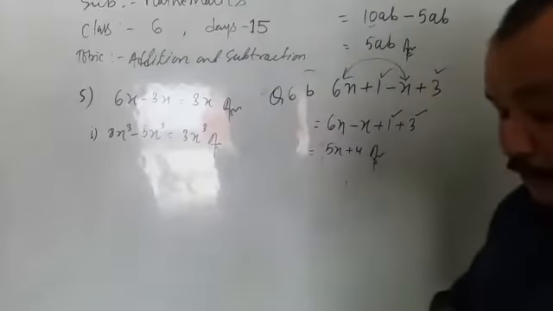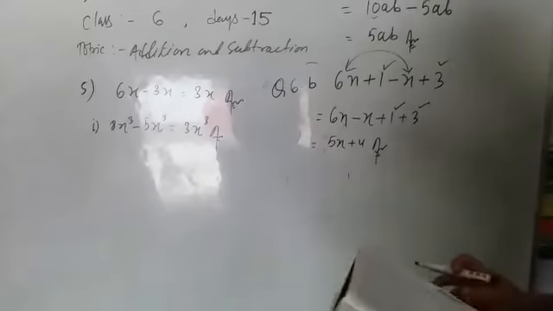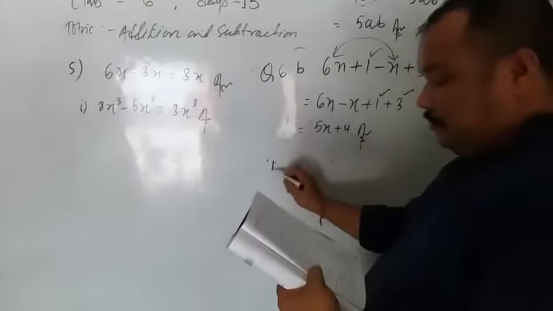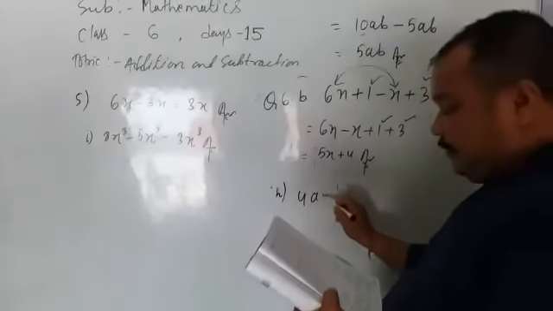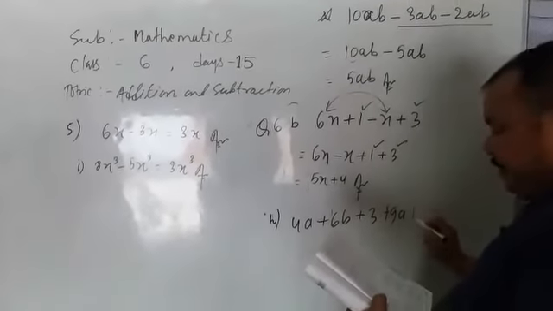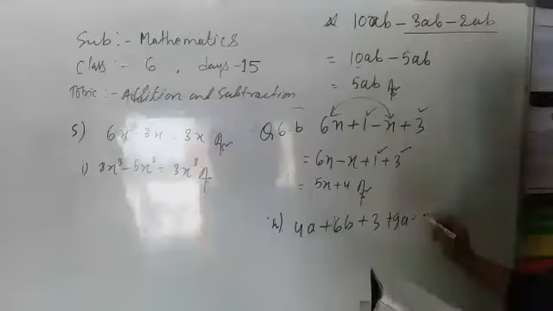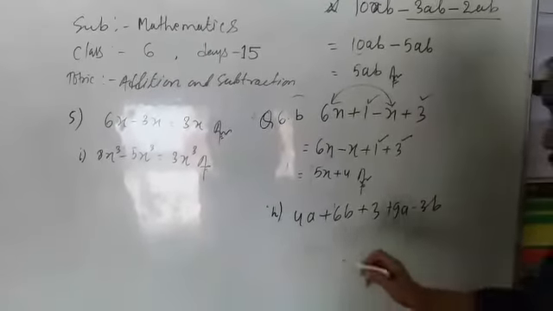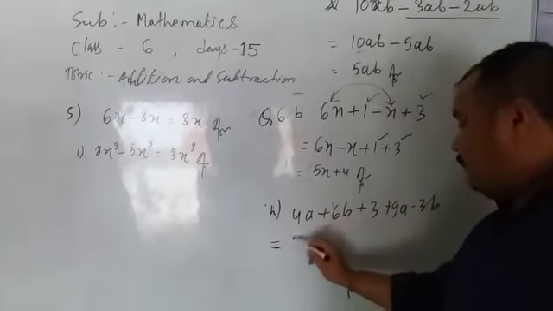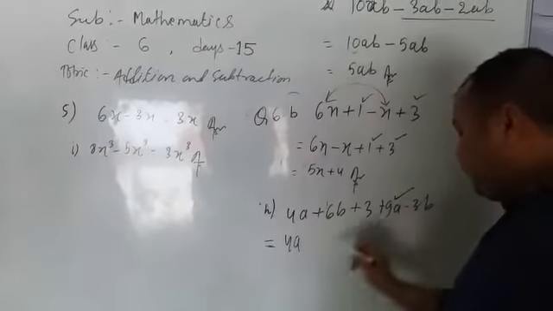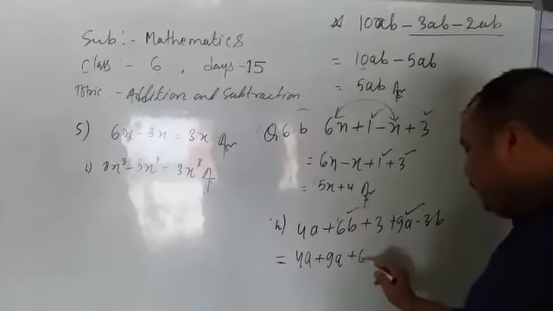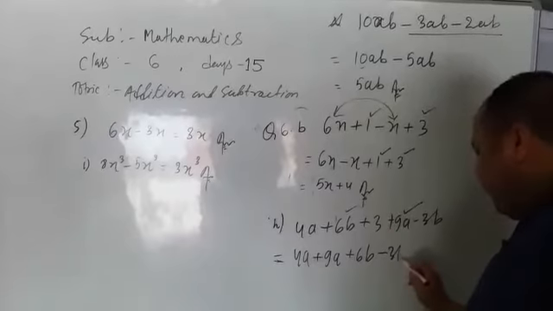So one more example. Question number 6, part h: 4a plus 6b plus 3 plus 9a minus 3b. First of all, arrange the terms: 4a plus 9a, and 6b minus 3b.